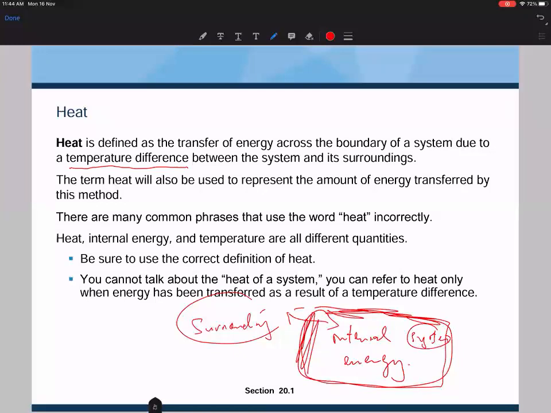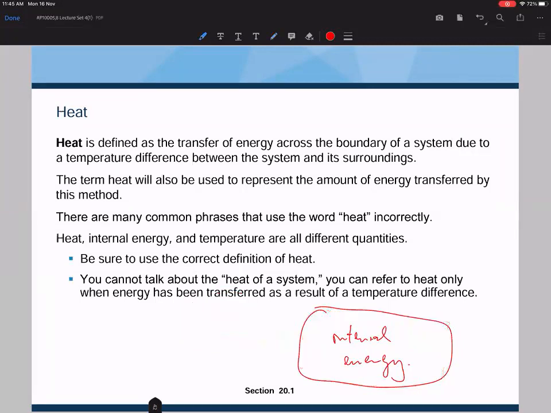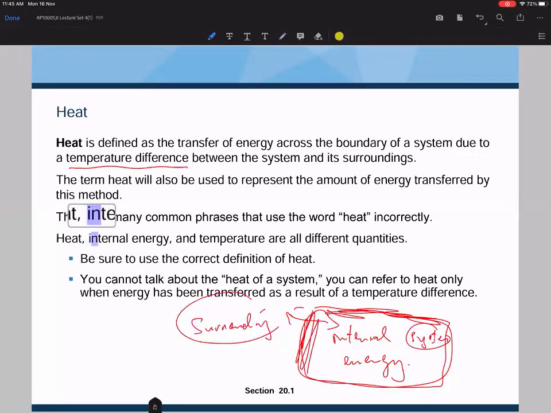Internal energy exists by itself within the system. Heat, on the other hand, is the type of energy that could only occur when there is a system and a surrounding, and there is a temperature difference between them. So this would be something very precise.